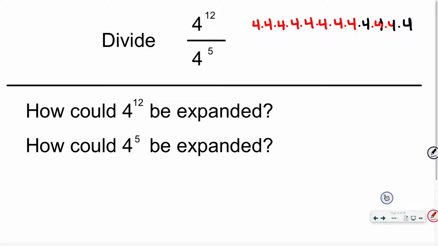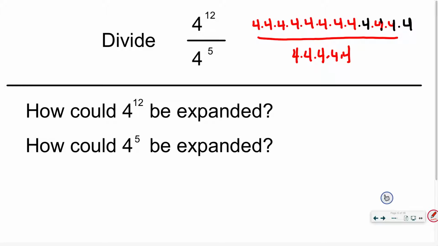Again, we recall from yesterday that the base of 4 tells us the number that's actually being multiplied, and the exponent of 12 tells us how many times we're multiplying that number by itself. That's why we have the number 4, but we see it 12 times, 4 to the 12th. How about 4 to the 5th? 4 times itself 5 times. So you should see something like that.